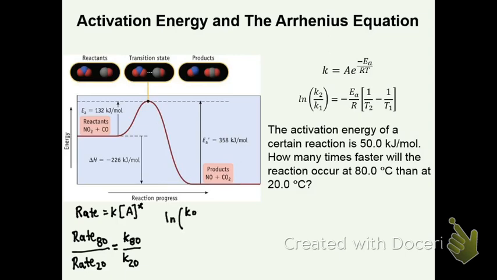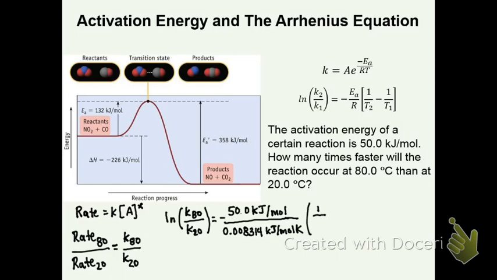So we know that the natural log of K at 80 over 20 is going to be equal to the activation energy divided by the gas constant R, which in this case we want in kilojoules per mole K, times 1 over the second temperature, the higher temperature, which we have to convert to Kelvin, minus... So that comes out to 3.49.